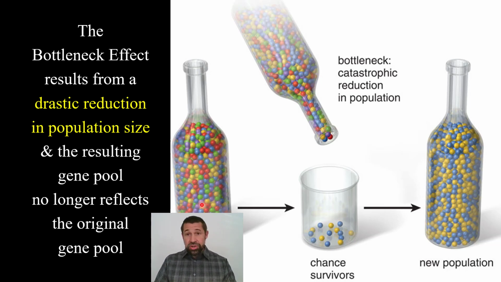So most of the original population doesn't survive. Just a handful of individuals make it through the bottleneck. And that handful of individuals just happen to carry the alleles that they have. In the future, the population may rebound numerically, right?